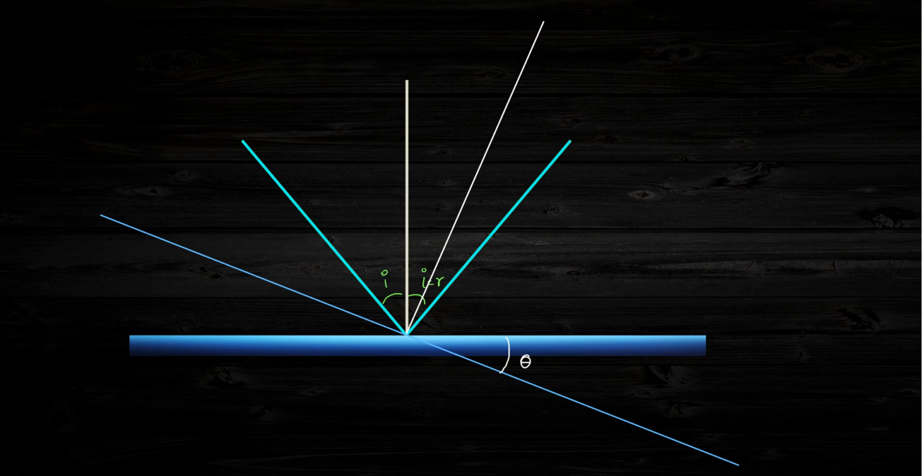Since the mirror itself is rotated by an angle theta, this normal also rotates by an angle theta. So now the new angle of incidence we can see is I plus theta. Similarly, the new angle of reflection is also going to be nothing but I plus theta.